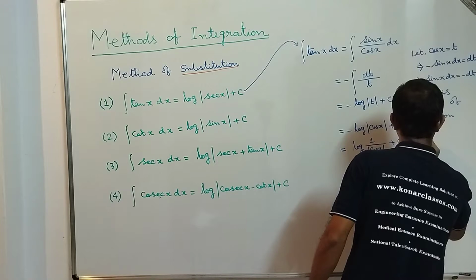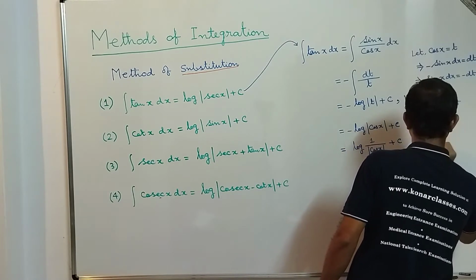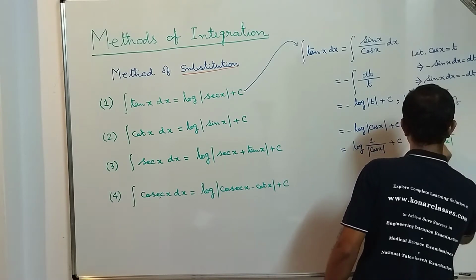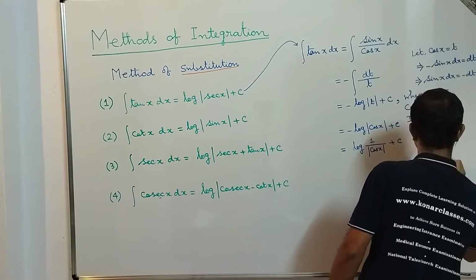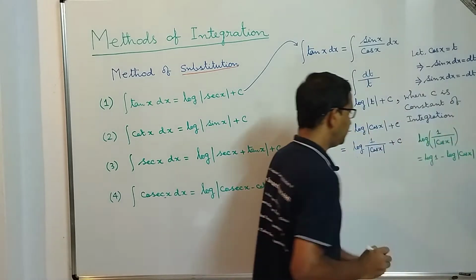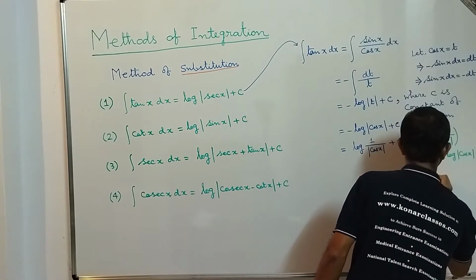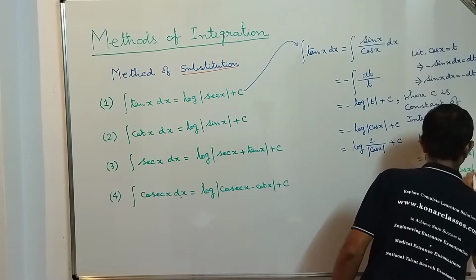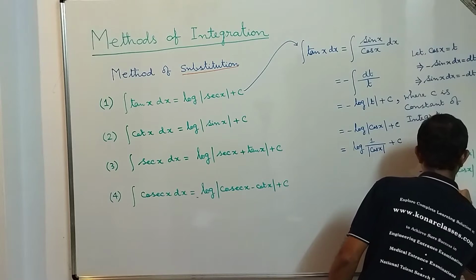And we know that the value of log 1 is equal to 0. So finally we get 0 minus log mod cos x, which is equal to minus log mod cos x.